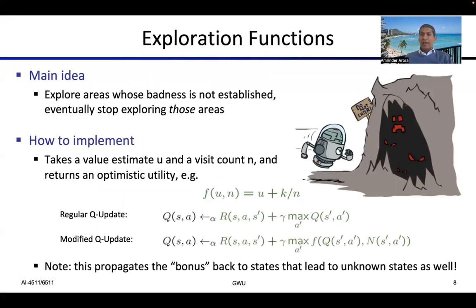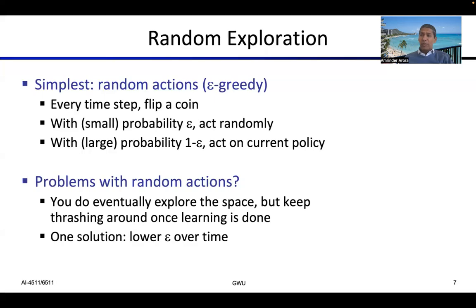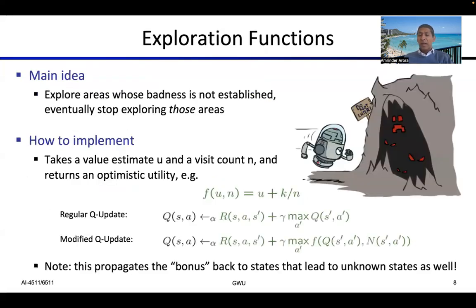Another very interesting idea is called the exploration function. If you're totally new to reinforcement learning and random exploration is the way to go for you, this is perfectly fine. Epsilon greedy is a good starting point here. But another interesting idea is the exploration function.